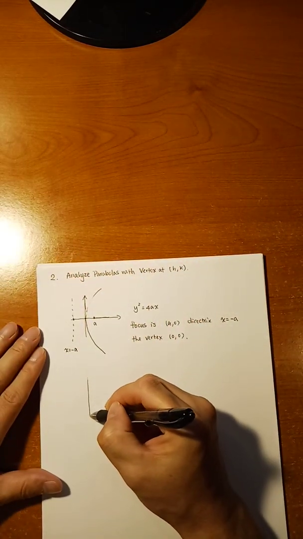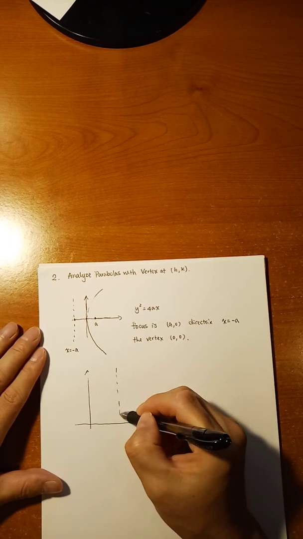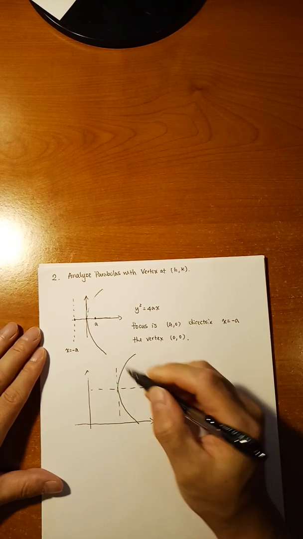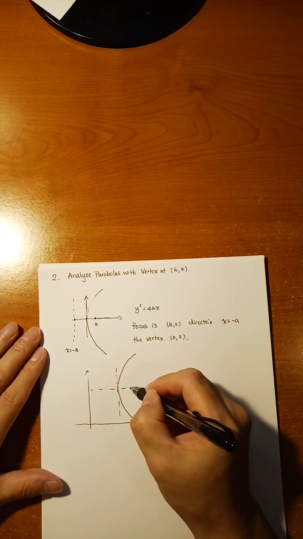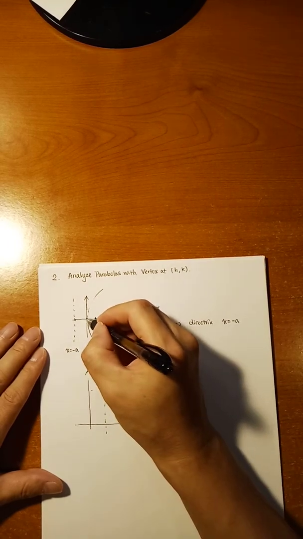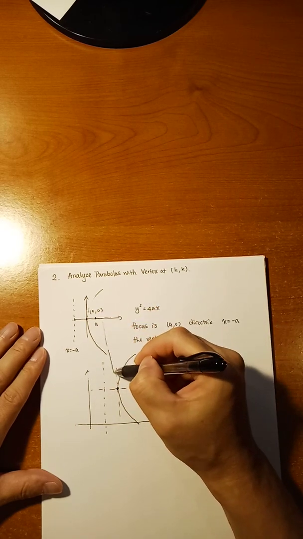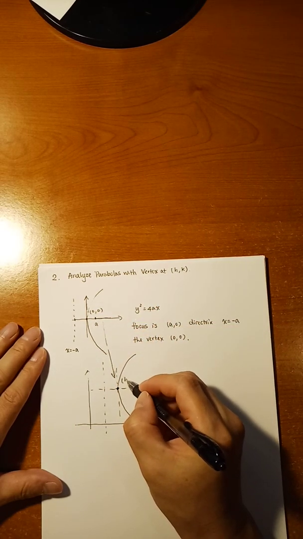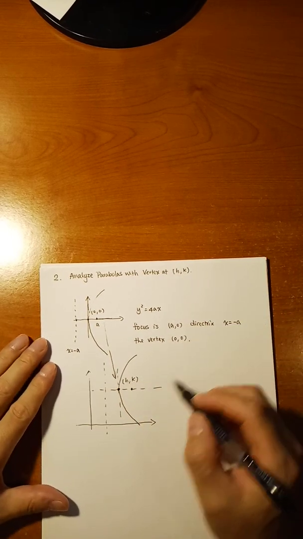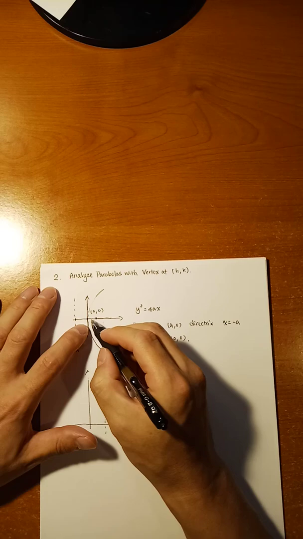For example, we're going to move this vertex (0, 0) to this point, assume we call it (h, k). Remember the vertex and focus have the relation that the distance is a.